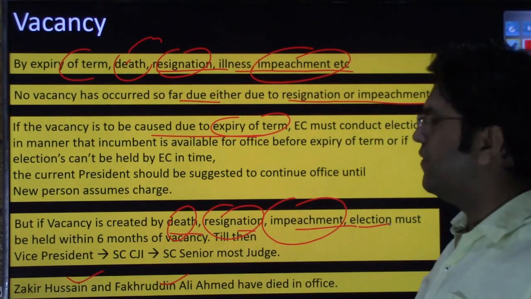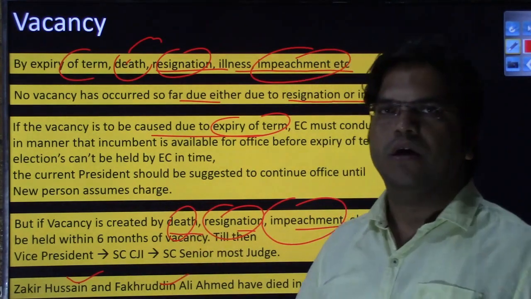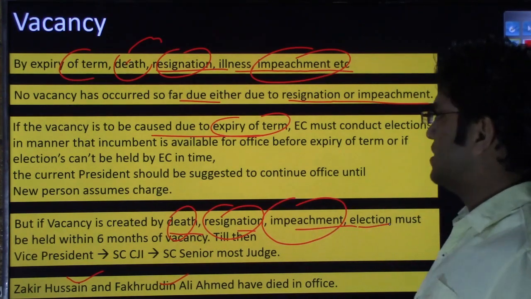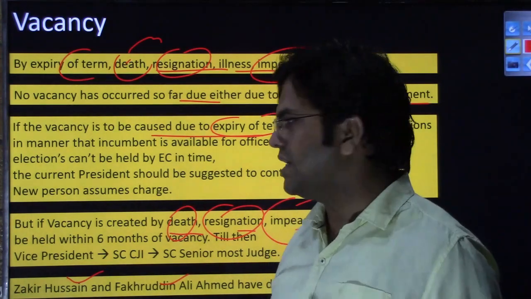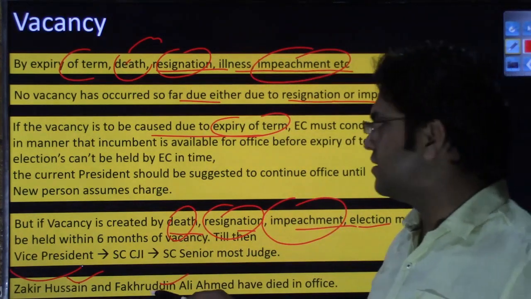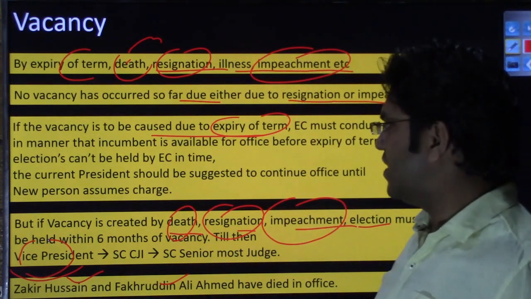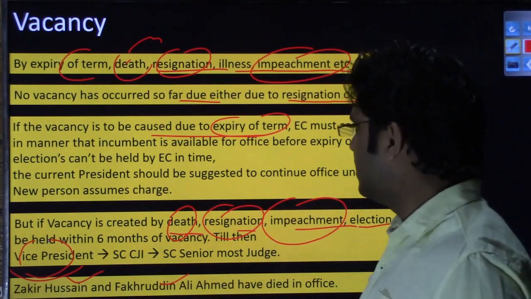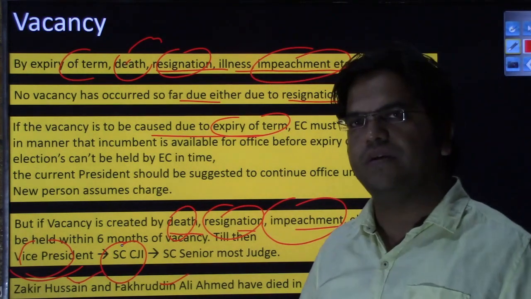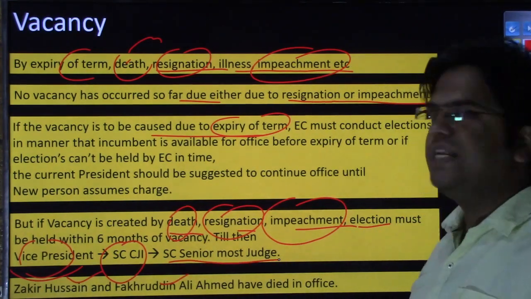If some president has died, there will be a vacancy, but it is to be ensured that the vacancy never occurs in the president's office, right. So to avoid that vacancy, the constitutional provision is that in case of resignation or death, the vice president will assume the office of president. If the vice president is also not present, the Chief Justice of India, and if the CJI is also not available or does not want to take the functions, the Supreme Court's senior most judge.